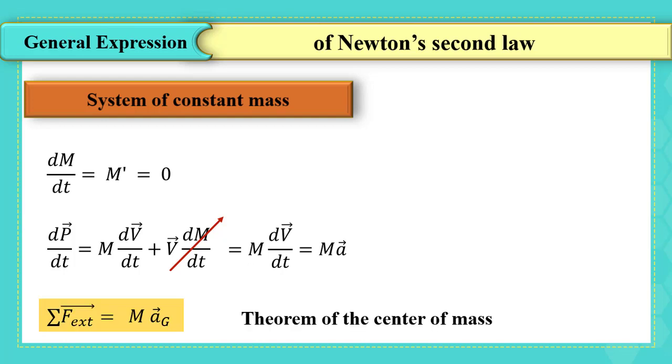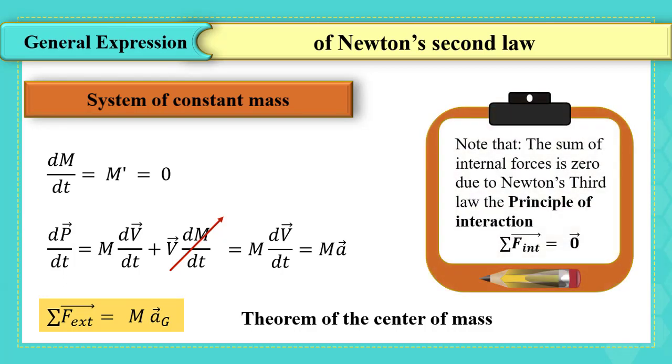Then the sum of F external equals the mass times the acceleration of the center of mass g. And this is the theorem of the center of mass, keeping in mind that the sum of internal forces between the particles of the system is 0.